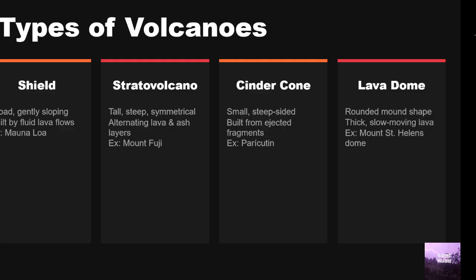There are four types of volcanoes. Shield, which is broad, gently sloping, built by fluid lava flows. An example is Mauna Loa. Stratovolcano, which is tall, steep, symmetrical, with alternating lava and ash layers.